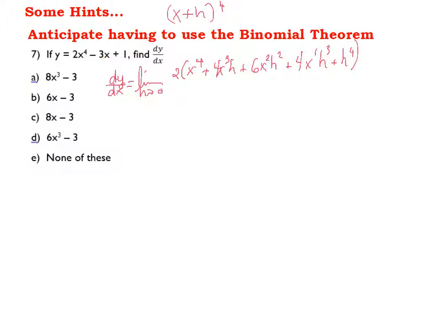Okay. Minus 3x minus 3h plus 1. And I'm not done because all I've done is put the x plus h into the function. Put the x plus h in there, and then I had my plus 1 at the end. Now I have to do minus f of x.